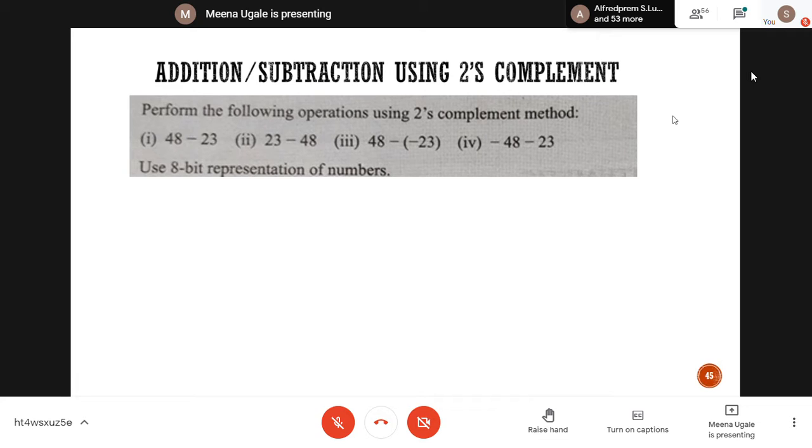You can post your answer in the chat box. Okay, Sandeep has posted one answer.